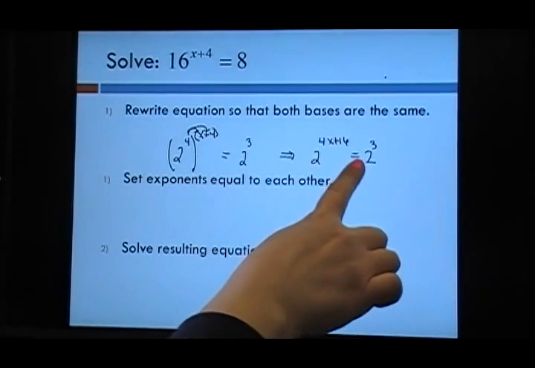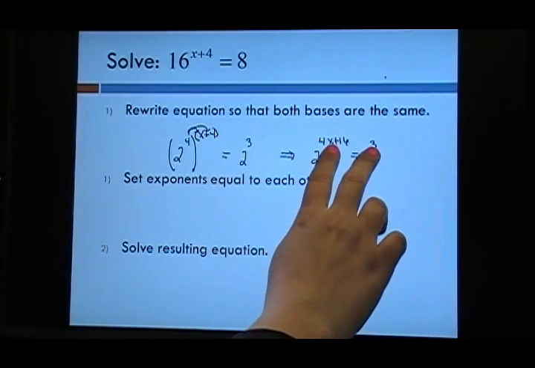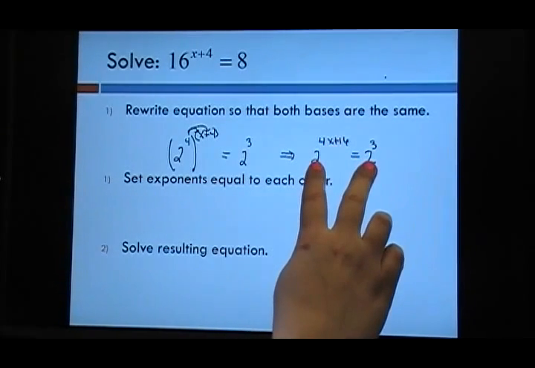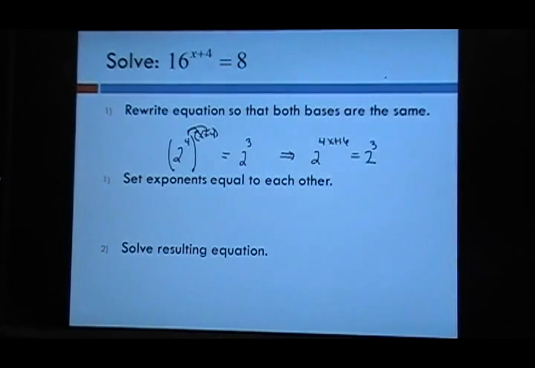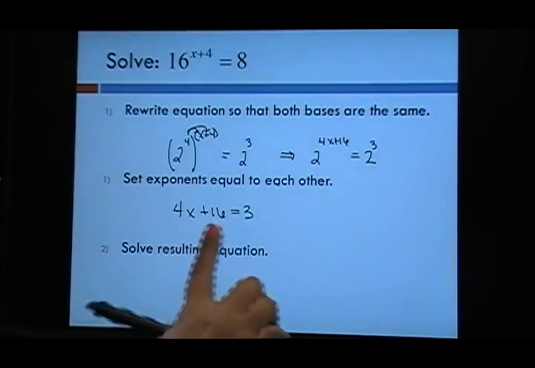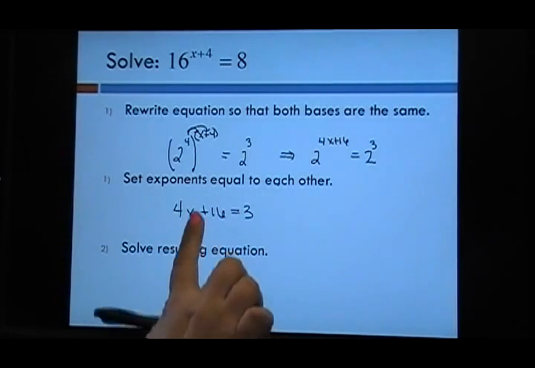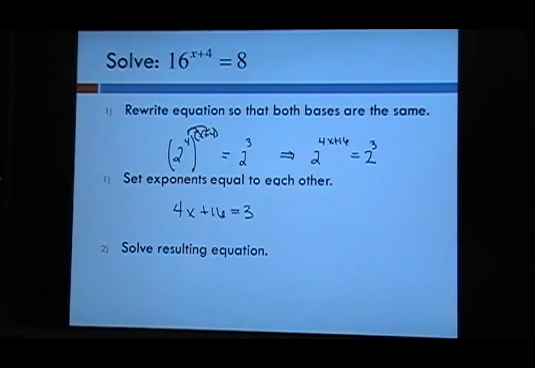So for this to be equal, since the bases are the same, our powers must be the same. So once we have the bases the same, we can set the exponents equal to each other, and then solve the resulting equation. So this equation is linear. I just have my x to the first power. So to solve, I need to isolate the x.